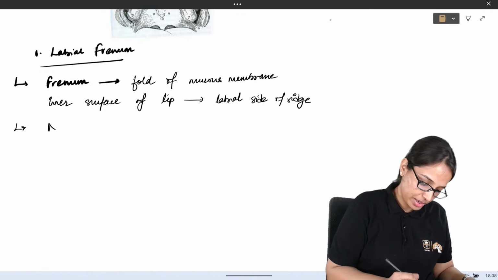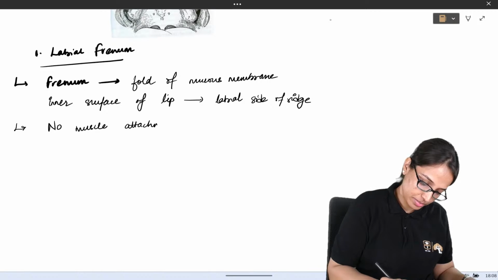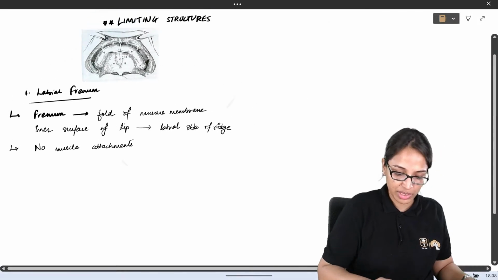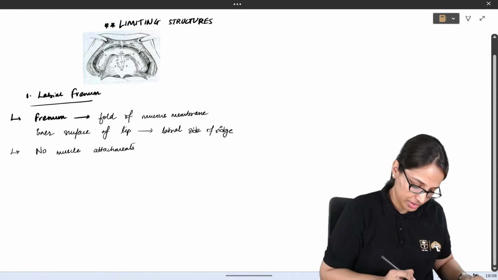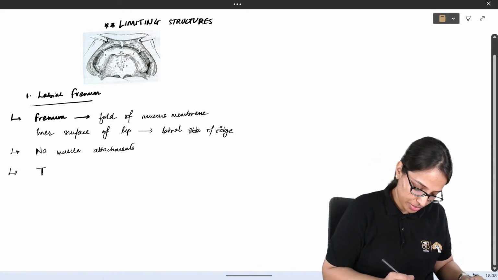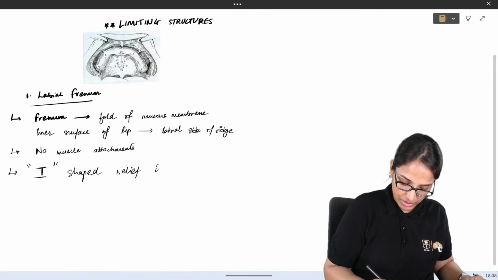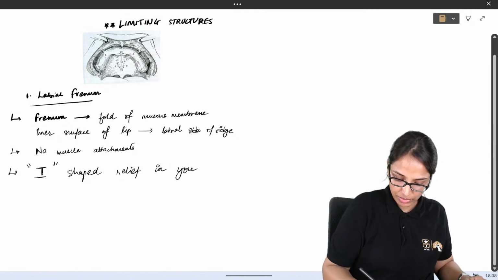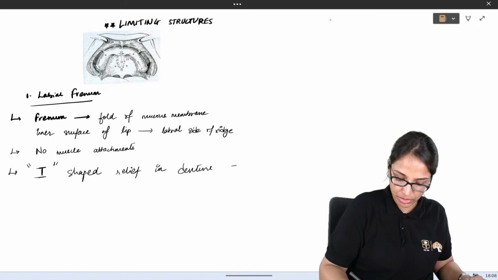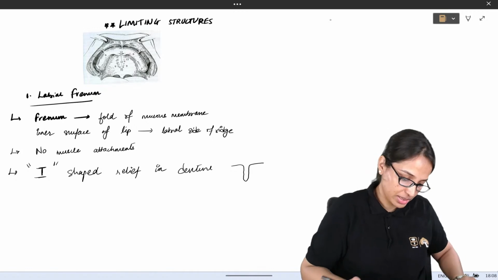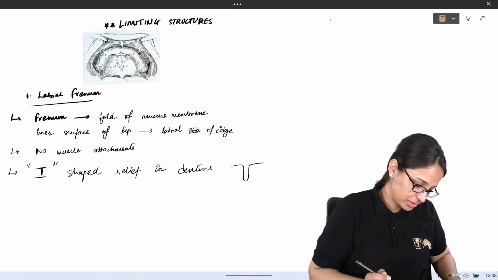Now, this particular frenum has absolutely no muscle attachments. So, because there are no muscle attachments, the movements are also very restricted. Hence, you give an I shape relief in your maxillary denture. So, the relief would look somewhat like this. You give an I-shape relief in your maxillary denture for the labial frenum because it has no muscle attachment.